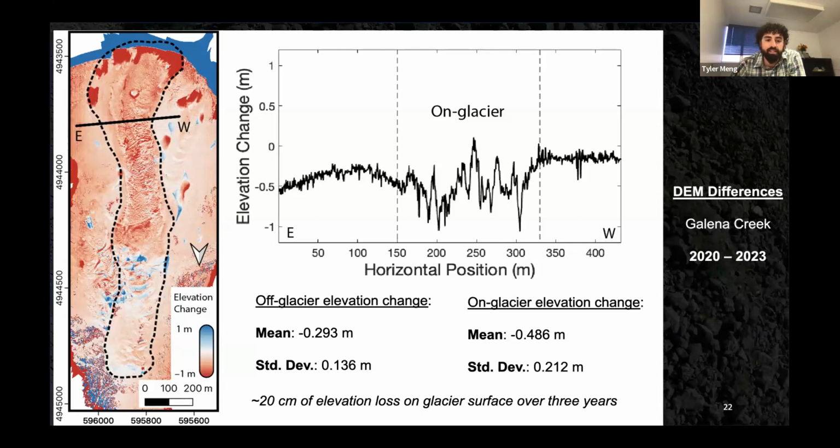It's not the same as the stable points around it. So perhaps higher order analyses could add certainty to these estimates. But in general, our estimate of about 20 centimeters of elevation loss over those 3 years are consistent with previous estimates from geodetic measurements presented by Noel Potter in 2016 at GSA.